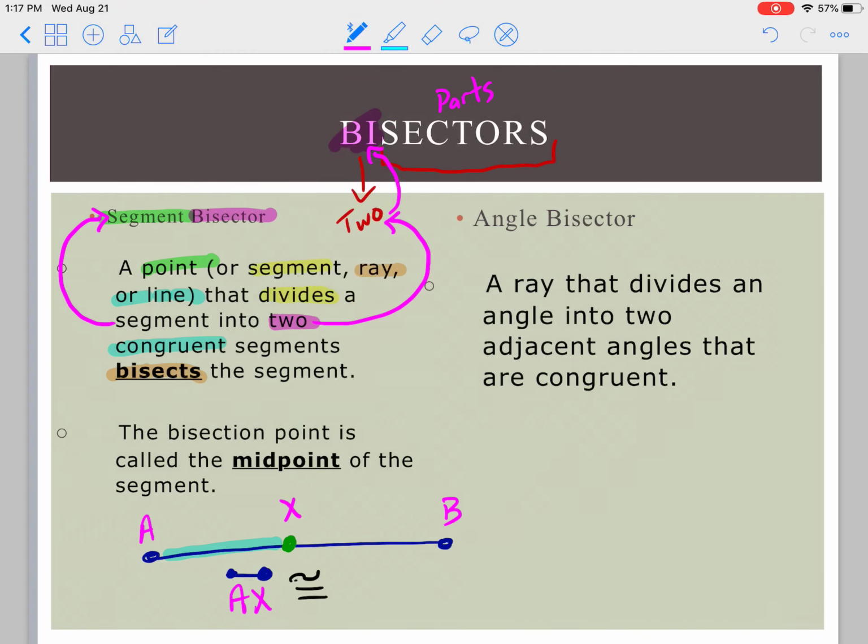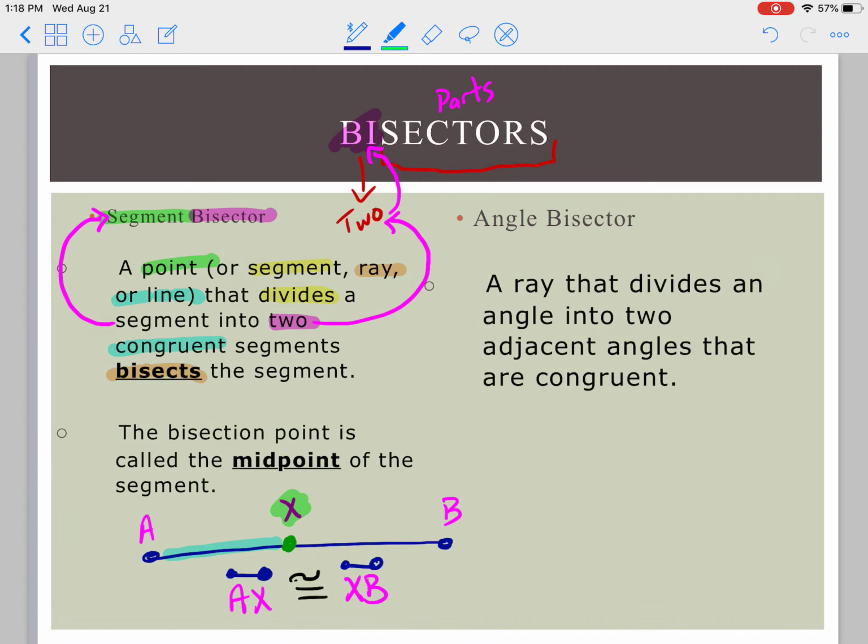If that is congruent to XB, proper notation, then we can say that X is my bisector and it bisects the segment AB. Okay?